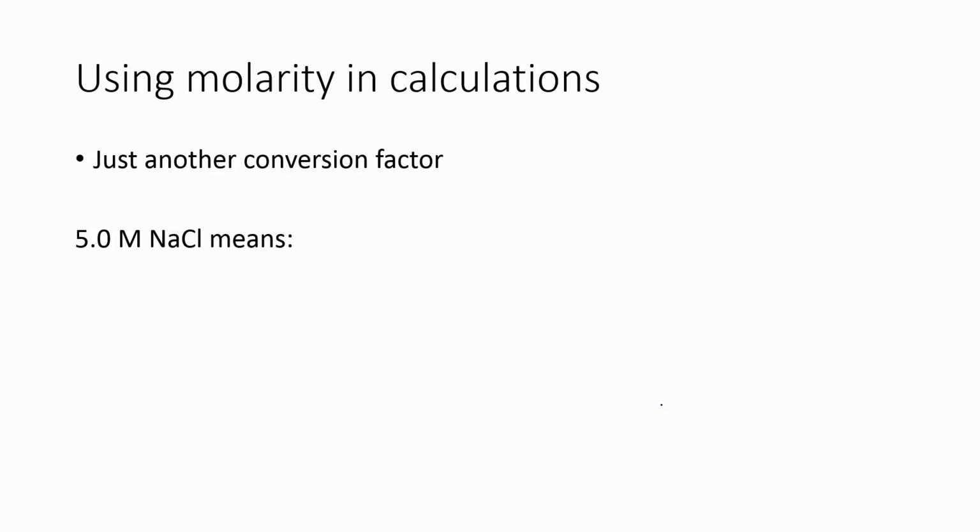Well, how do I use molarity? Now that I know how to calculate it, how do I use it? Well, all it is, is another conversion factor. It makes it easier to write in a paper or an article by putting it on the same line, just using one letter. But in reality, it is a conversion factor. So 5 molar sodium chloride means 5 moles of sodium chloride for every 1 liter of solution.